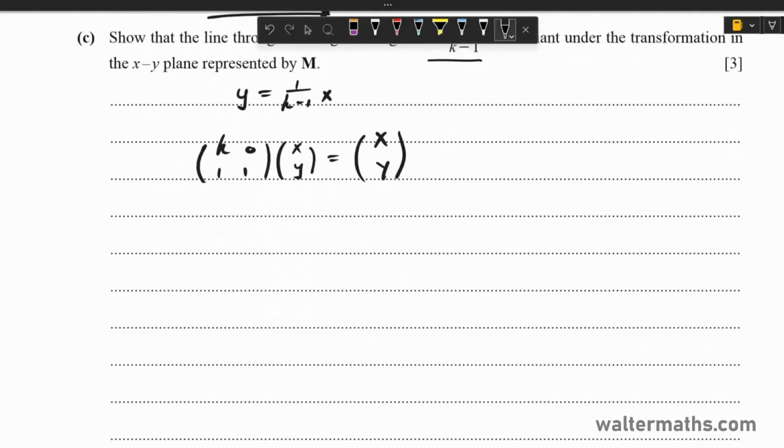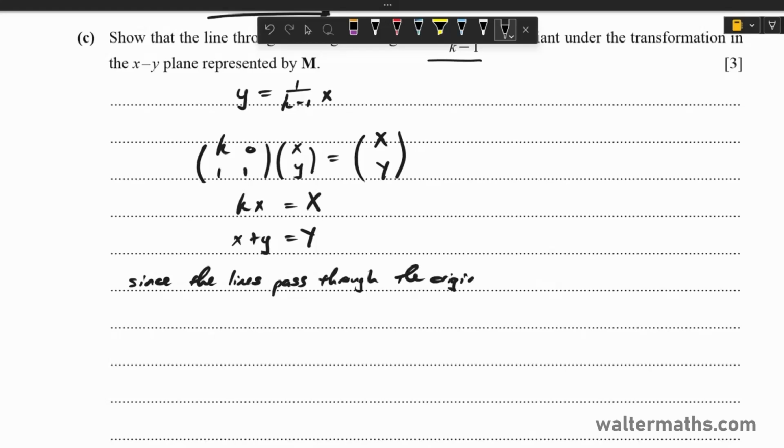So kx plus 0y is equal to big X, then x plus y is equal to big Y. Since the lines pass through the origin, we know that we have the equation y is equal to mx.